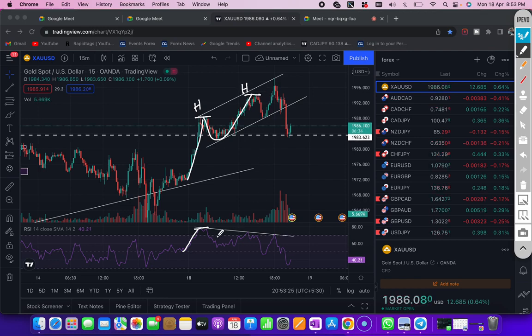RSI comes back and makes a low here. Does it break this particular level? No, it is not breaking. Price comes down, RSI comes down, but when it goes up, it makes another higher high. Price is making higher high, higher high, higher high. But what is RSI making? Highs, then lows, then again low.